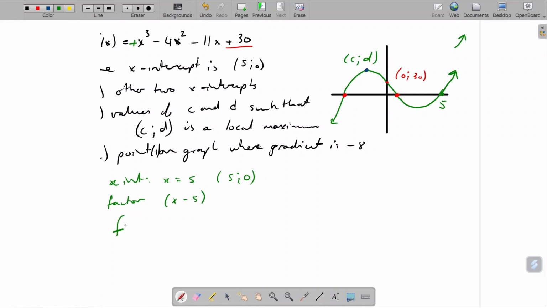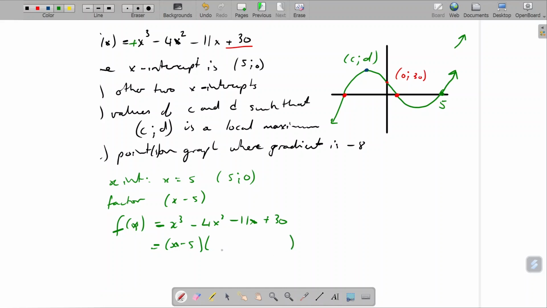So we therefore know that f of x, which is x cubed minus 4x squared minus 11x plus 30, would equal (x minus 5) times something. And I now need to go ahead and try and work out the other factor.